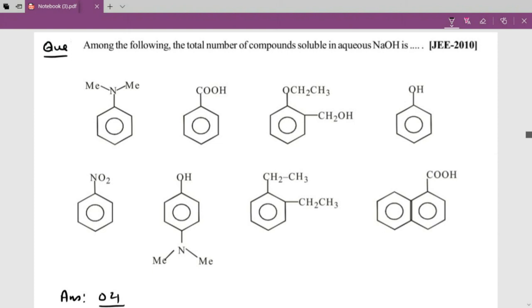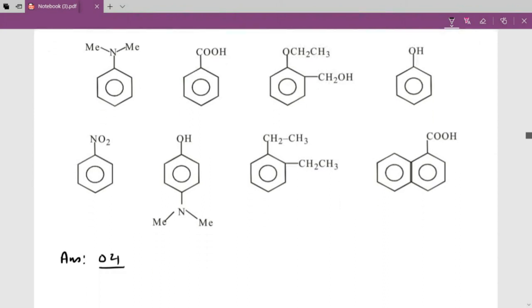This acid-base reaction equilibrium also helps us to purify, to identify, and to have some test for different organic molecules. Let us have one example. Among the following, the total number of compounds soluble in NaOH. For these compounds, if I take them as HA and take a reaction with NaOH, our target is that water should be formed and NaA should be formed.